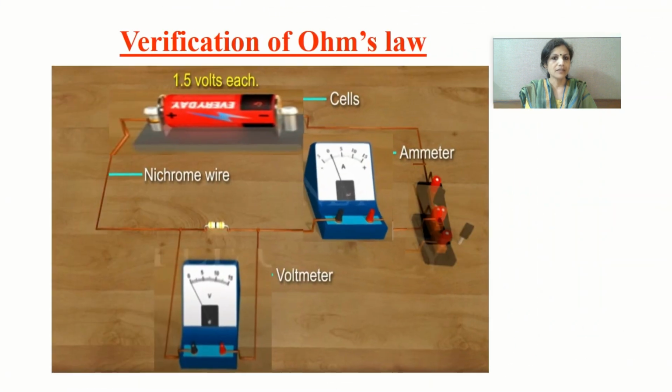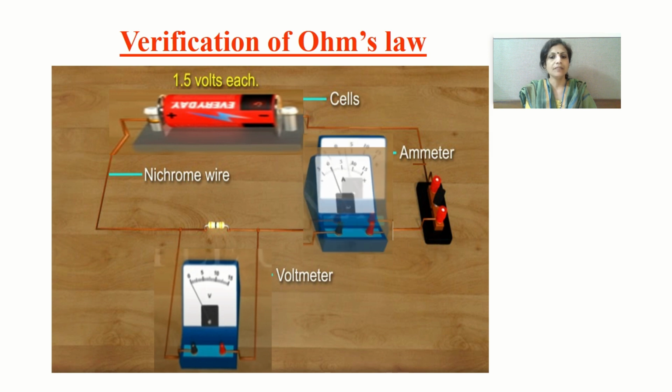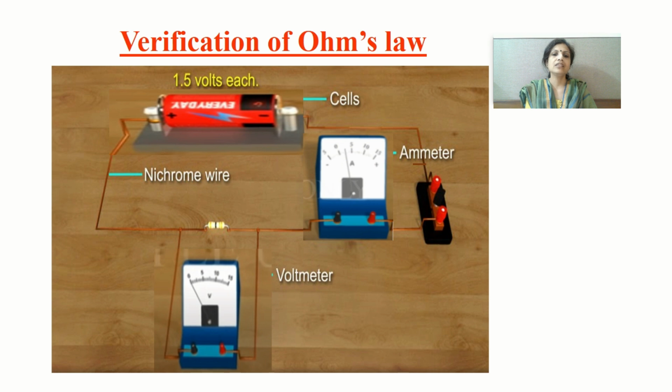look at this. One cell is connected in the circuit and we have plugged in the key. The moment you plug in the key, you will see a change in the readings of the ammeter and the voltmeter. Please check. Before it was 0 reading.